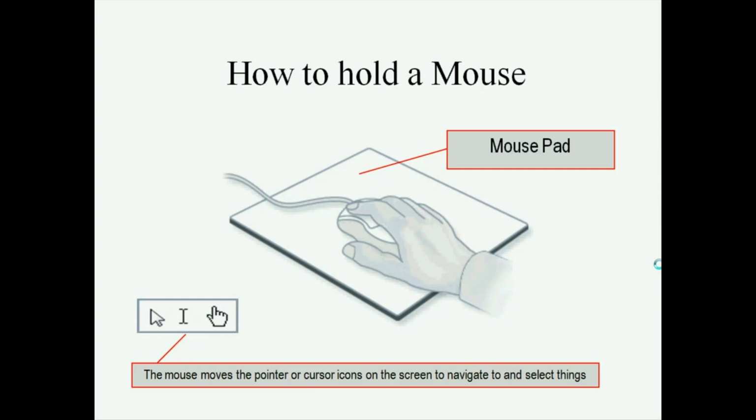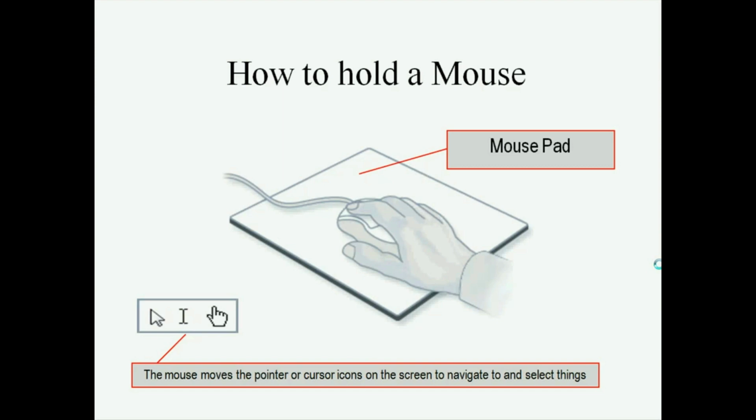But when you lay your hand on the mouse and move it away from you, toward you, in circles, keeping it straight, that is, keeping the wire side or the button side facing the computer, it'll move a pointer or cursor on the screen. That's basically how you use a mouse.